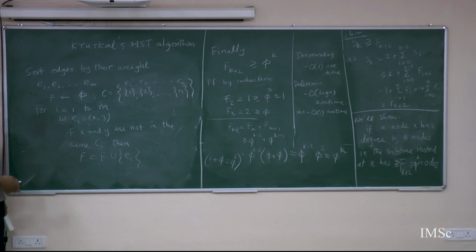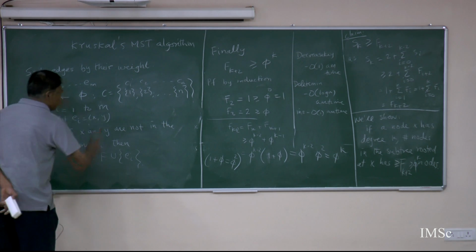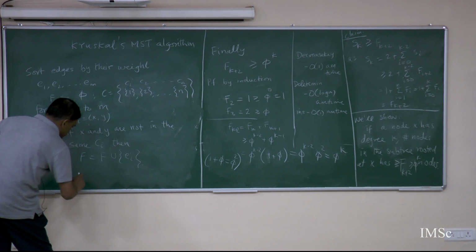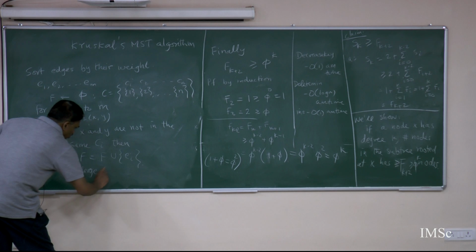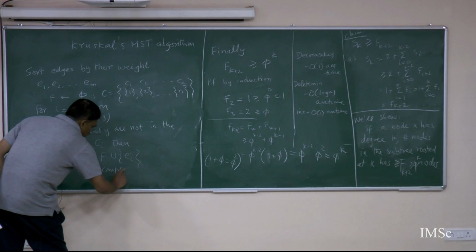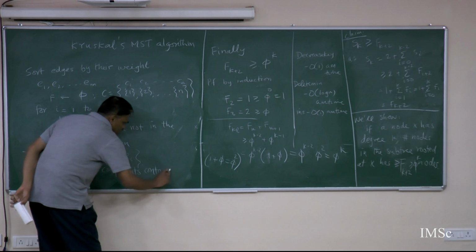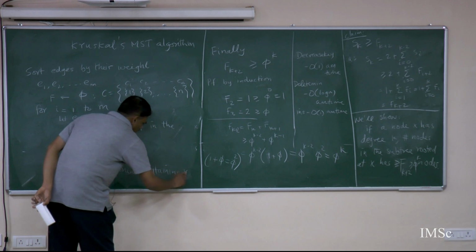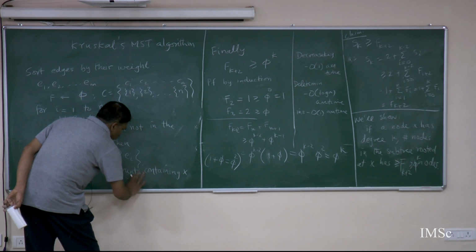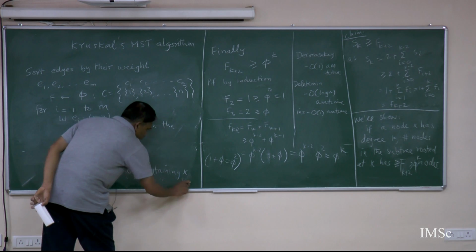What else do I have to do? x and y will be in separate sets, so now my collection C will change to merge the component containing x and the component containing y.